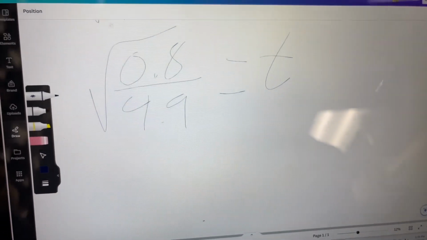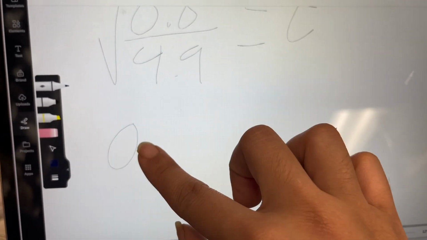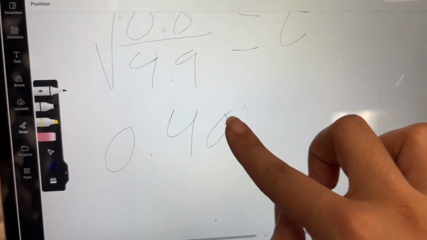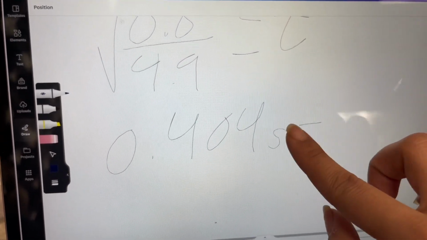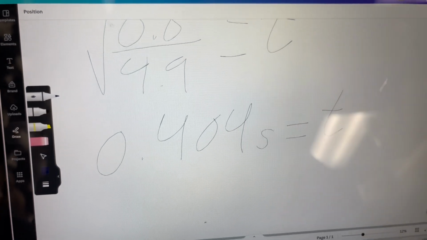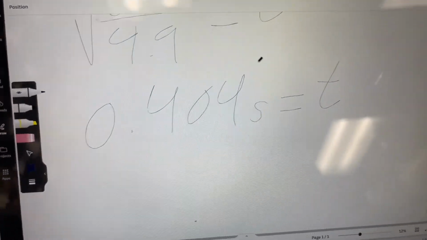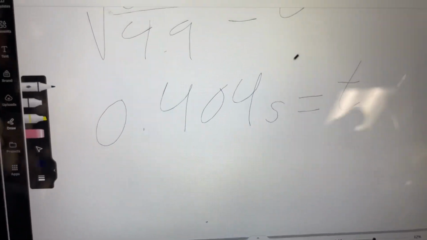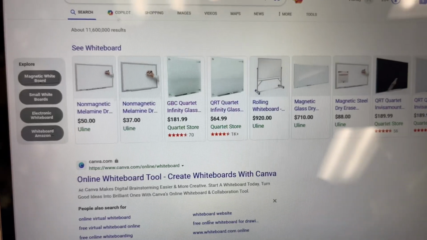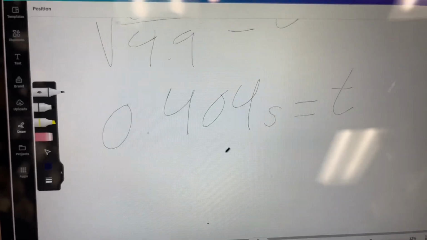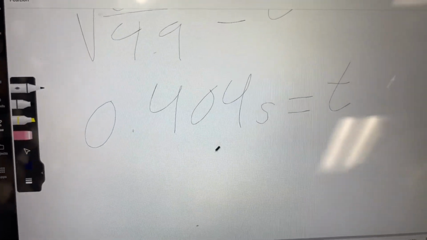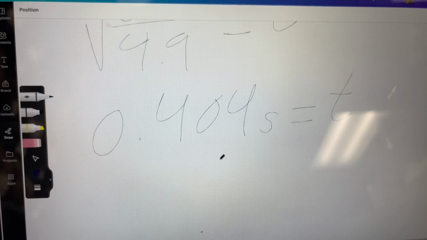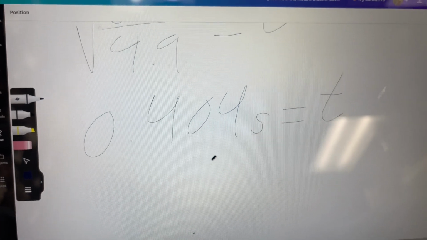And so then the answer is 0.404 seconds is equal to the time. And so in conclusion, the time it takes for the block to fall from the table is 0.404 seconds.